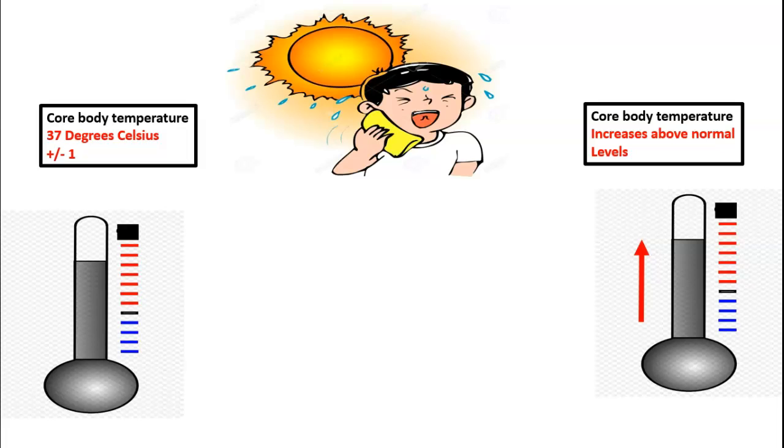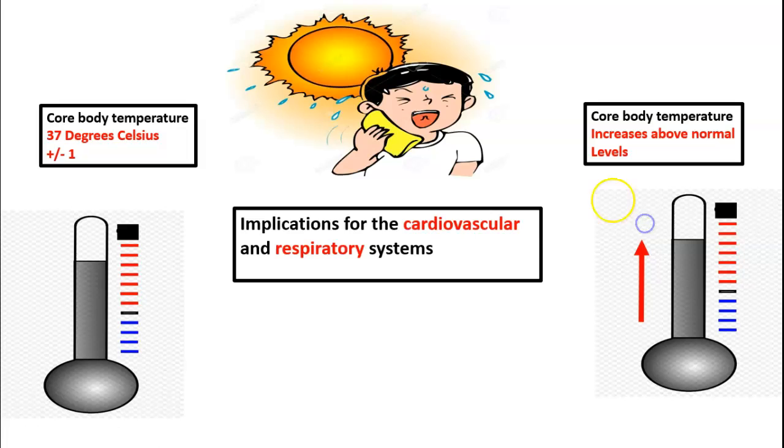Now when we exercise at heat and our core body temperature goes up, this can have really quite extreme implications on our cardiovascular and respiratory systems. Okay, so in the next couple of slides we're going to look specifically at how the cardiovascular system and the respiratory system are affected.